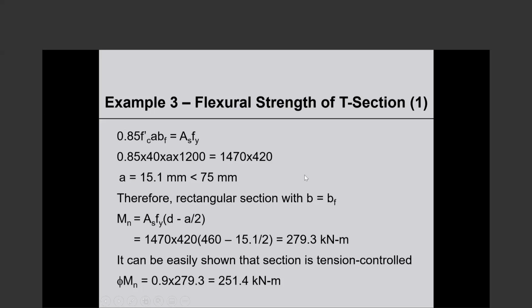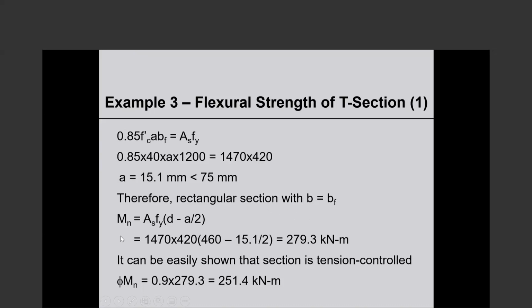So the neutral axis is in the flange as we postulated. Therefore, the T section is a rectangular section with width equal to the effective flange width.